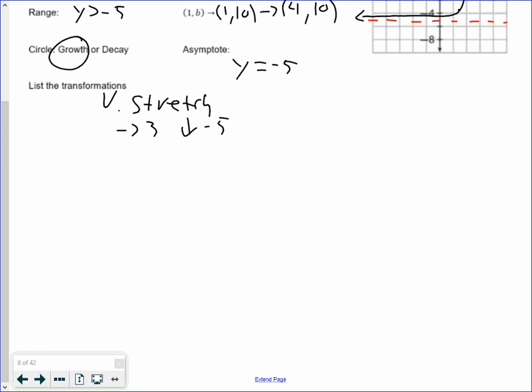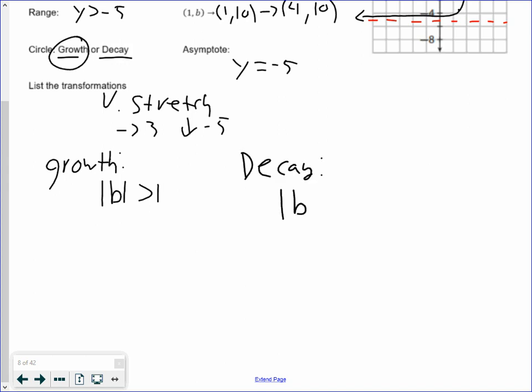One thing I just want to let you guys know is how to know if it's a growth or decay function by just looking at the function. It's going to be a growth function if the absolute value of b is greater than 1. And it'll be a decay function if the absolute value of b is less than 1.